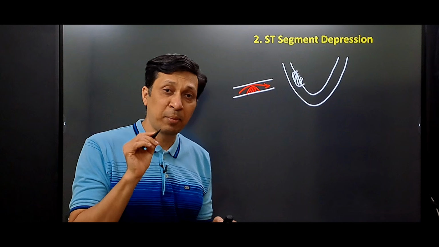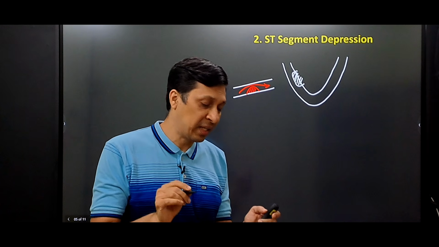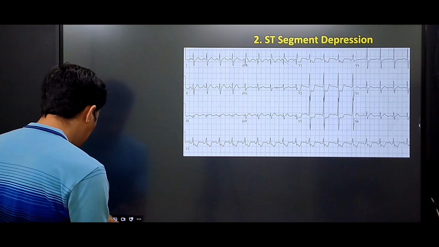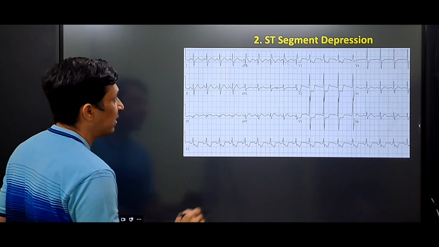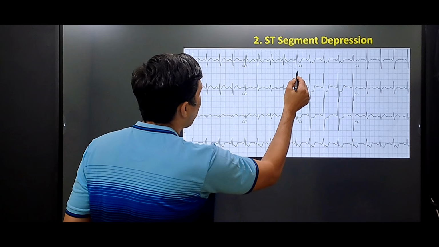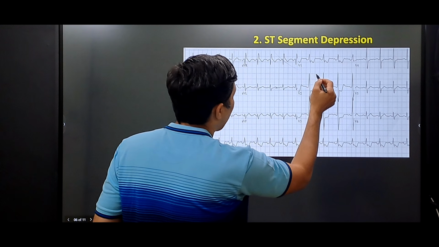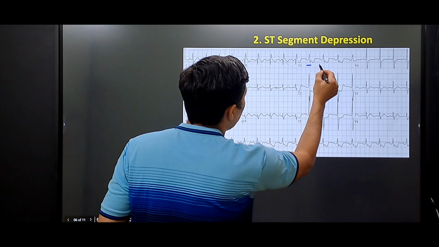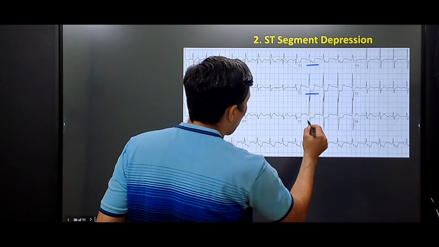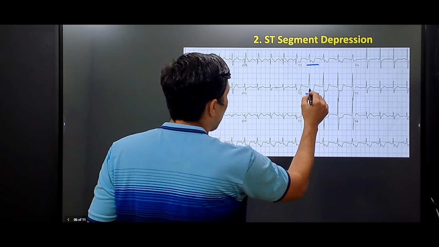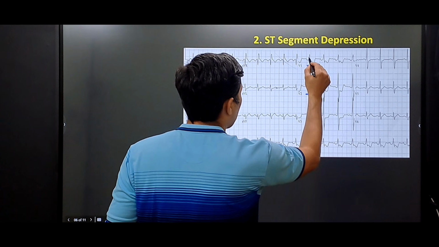In this ST segment depression, one important thing is there that one should not miss, and this is this. Here you can see there is an ST segment depression in V1, V2, V3 and there are also tall R waves.